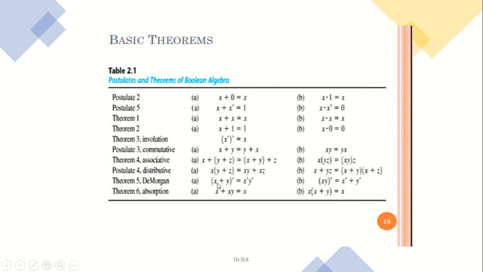And here this could be given as x into y the whole dash is equal to x dash plus y dash, and here x into x plus y is equal to x.